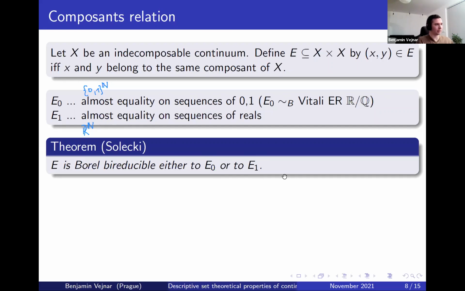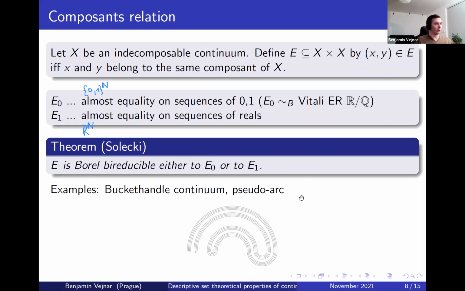I can give an example here. So the first one is the bucket handle continuum, whose picture is here. If we consider this continuum as X, then its composant equivalence relation is in fact Borel bireducible to this E0. I can give just a rough idea for the reason.